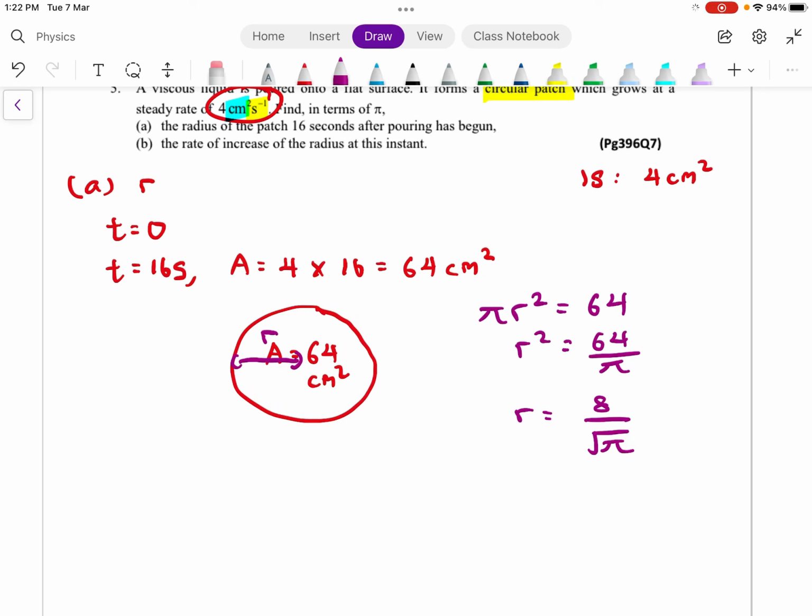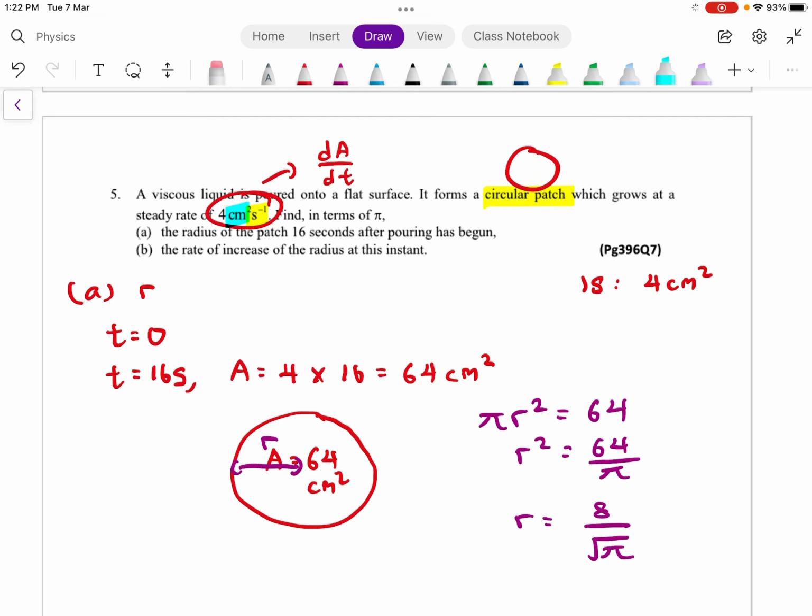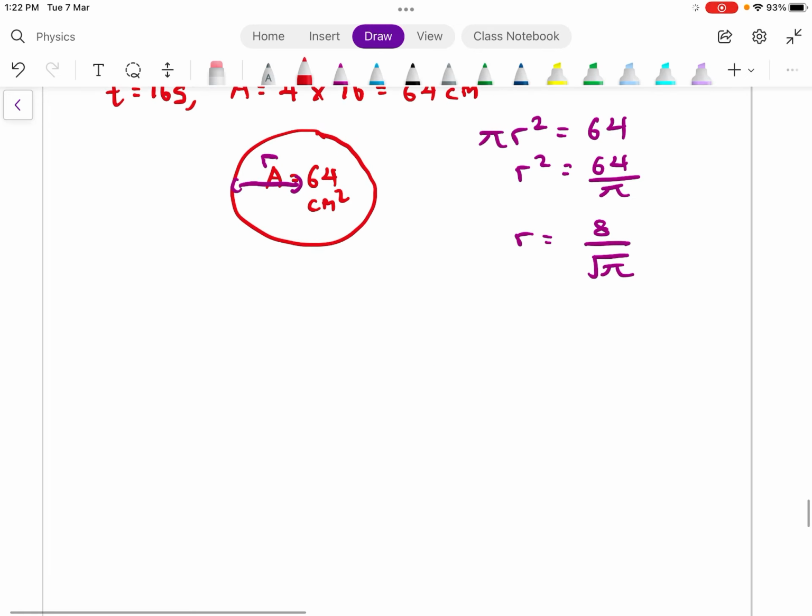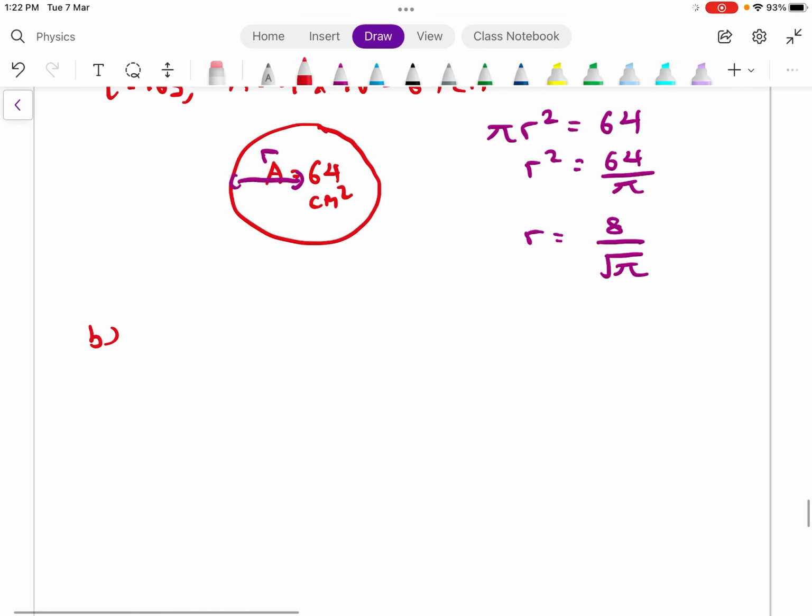Okay, for part B, it is more of the rate of change. They ask what is the rate of increase of the radius, so they actually want dr/dt at this instant. The very first step is to write down the area of the circle: A equals pi r².